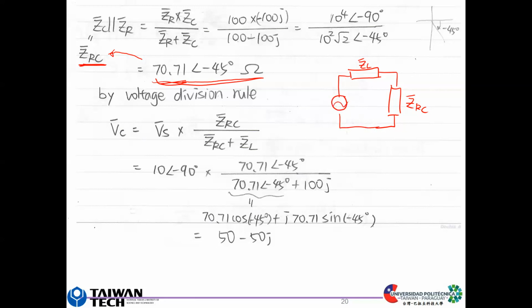Let me take Vs equals 10 to the power of minus 90 degree.